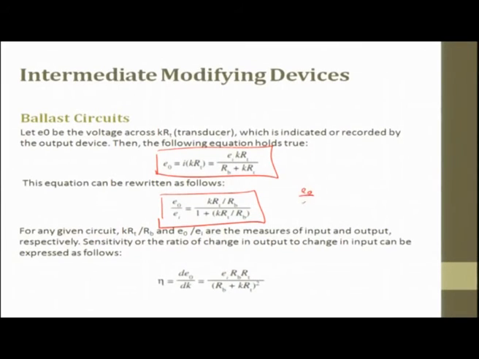So, these two are input and output which are measured. So, the sensitivity ratio is given by the change in the output to the change in the input. So, you differentiate this with respect to K, and this is the final equation you get. This is to find out the sensitivity in the equation.